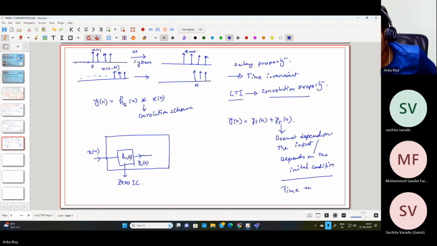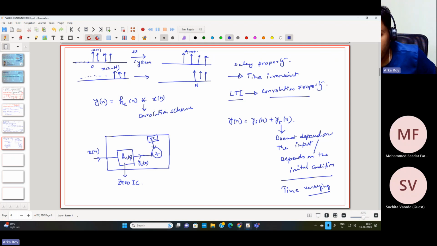Time varying. So we'll have an adder and we'll have initial conditions. However, there will be no effect of x(n), so we'll not add any line coming from x(n), and this is basically the y_t(n), and when we add these two, we'll get the output.